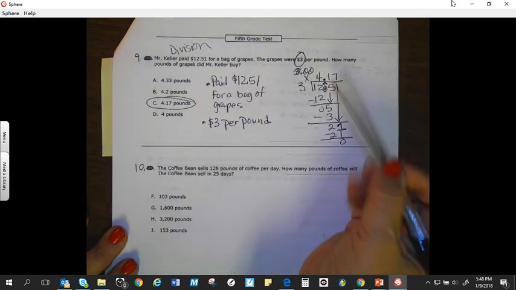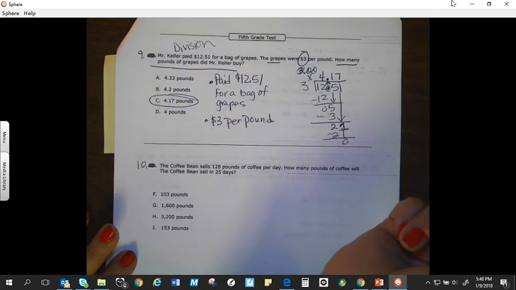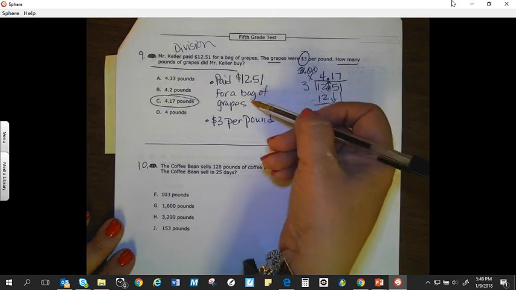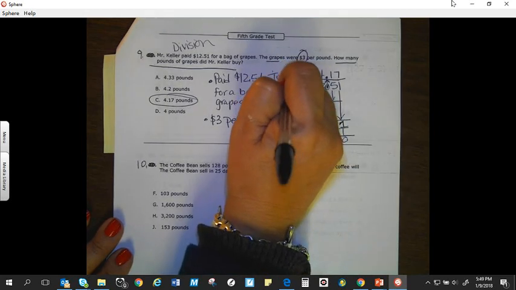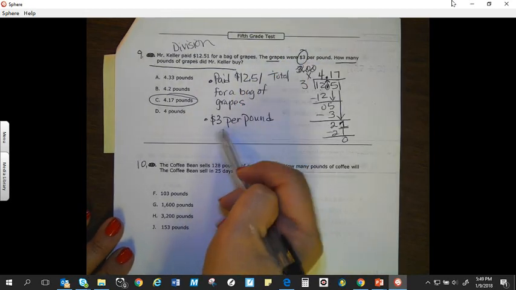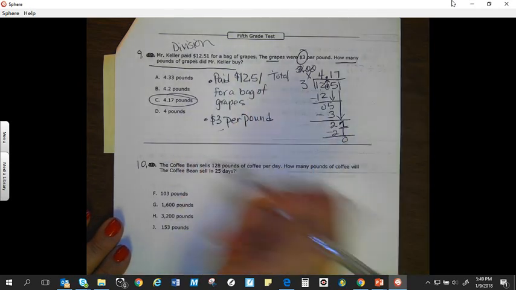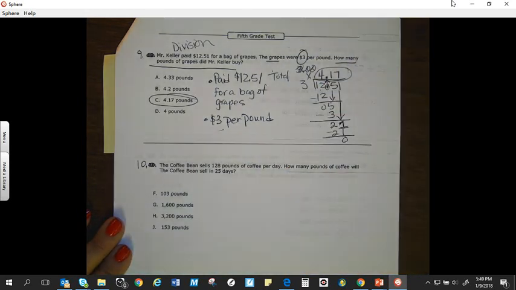Question is how many pounds of grapes did Mr. Keller buy? So now we want to know how many pounds is in this total amount. So this is the total. This and the $3, so we were going to divide that into the total to find out how many pounds he bought. And it turns out he bought 4 pounds and 17/100 of a pound. So 4 and 17/100 pounds of grapes.